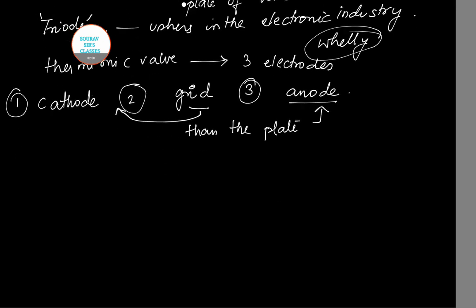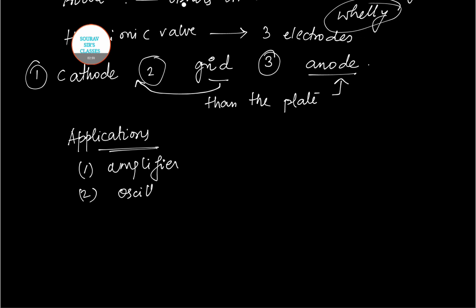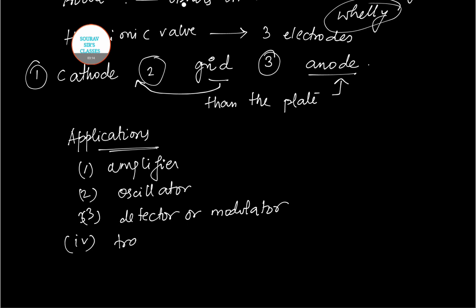Now the applications of the triode valve, I'll write them down. This triode valve can be used as number 1, amplifier, number 2, oscillator, number 3, detector or modulator, and lastly number 4, transmitter.